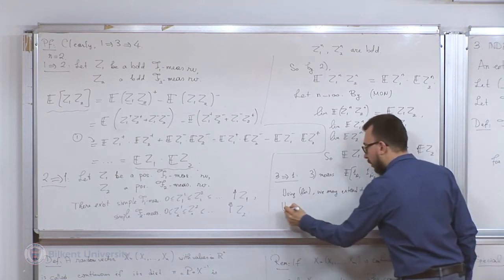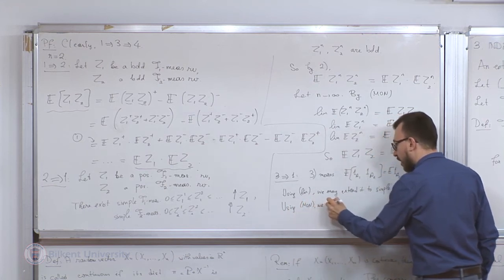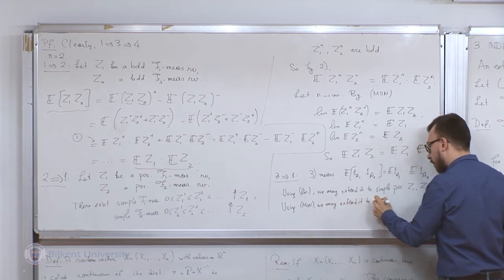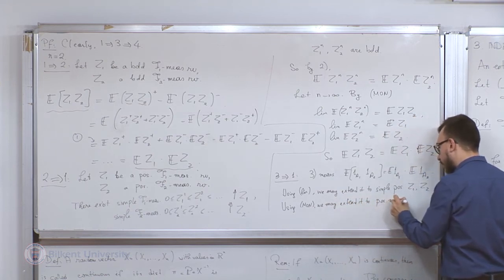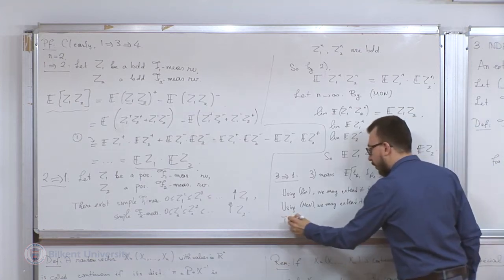And using monotone convergence theorem, we may extend it to positive measurable Z1, Z2. This gives 1.